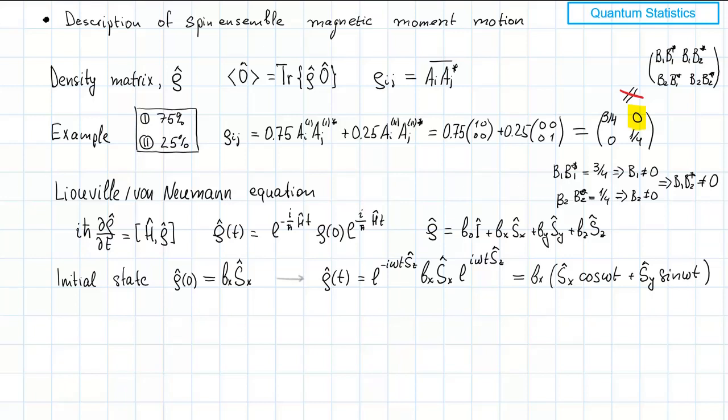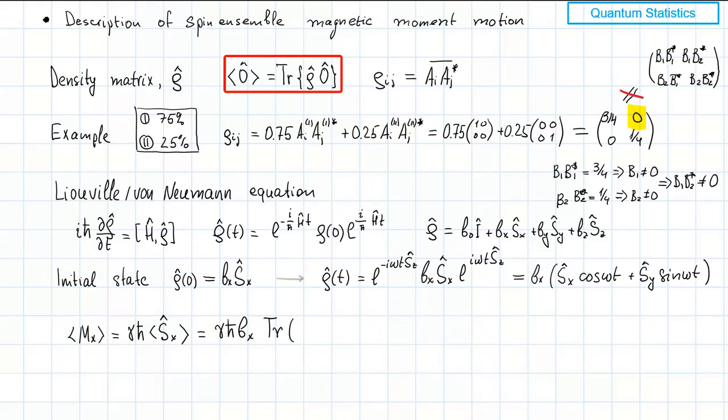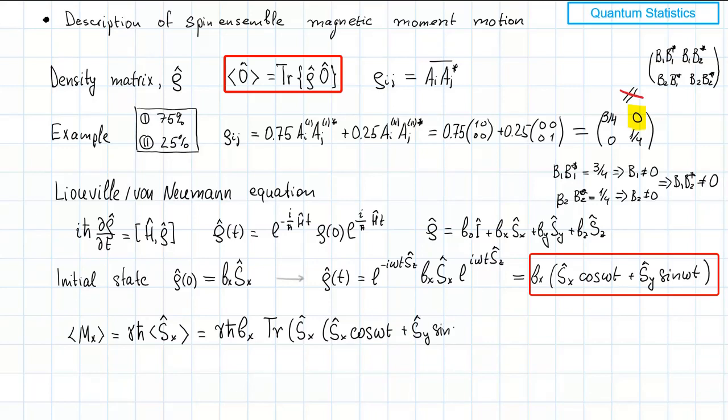Now we can compute the expectation value of the x component of the magnetization, which is proportional to the expectation value of the Sx operator. For this, we will use this formula with the Sx operator instead of the operator O, and with this expression for the density matrix.